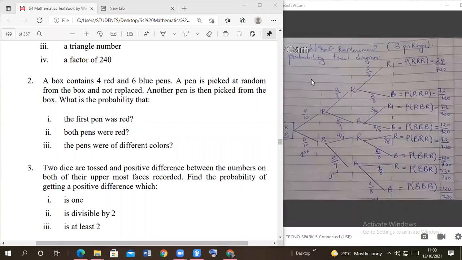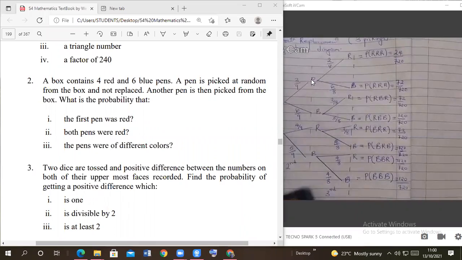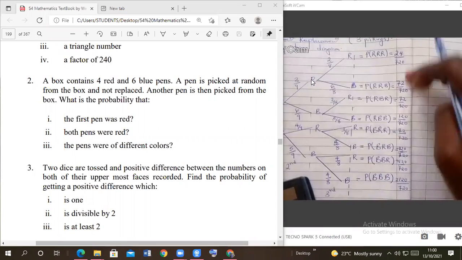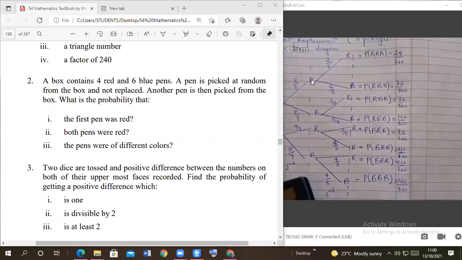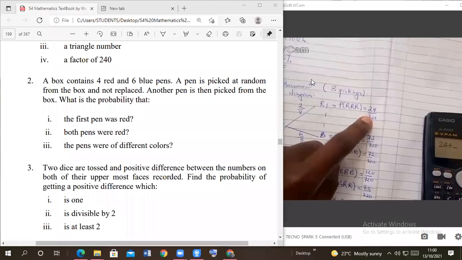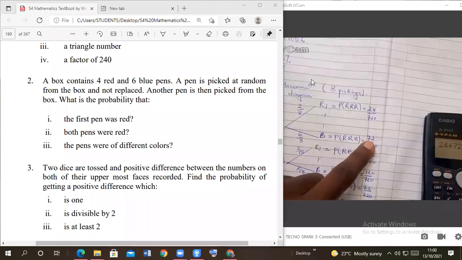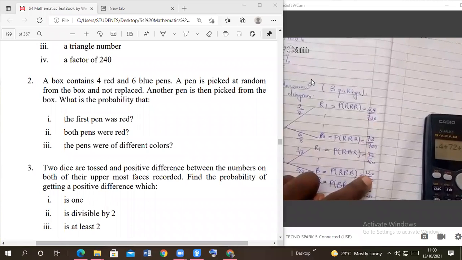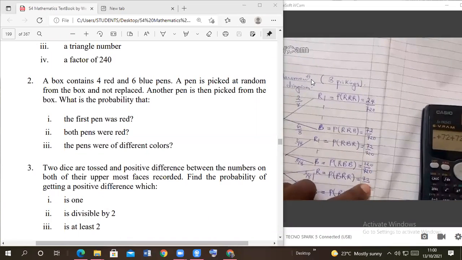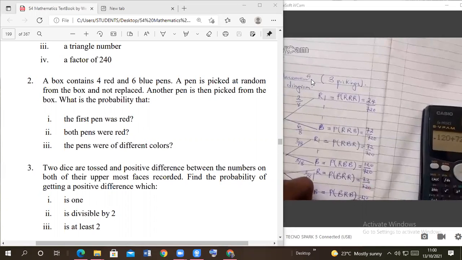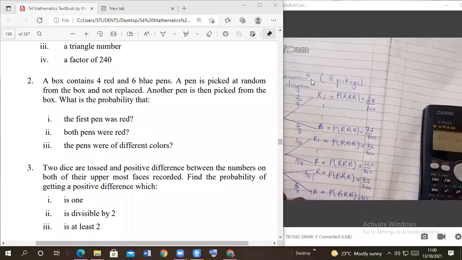Can we prove our answer, members? We said when we add all of these probabilities, they must give us 1. So let's add all of them. We have 24 plus 72 plus 72 plus 120 plus 72 plus 120 plus 120 plus 120.